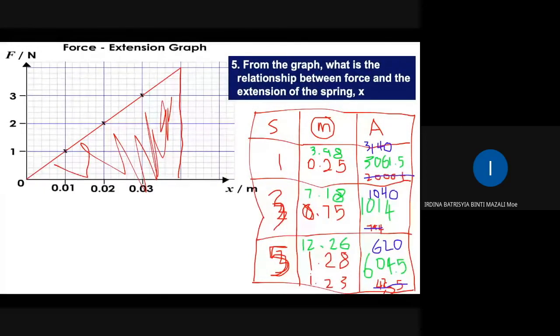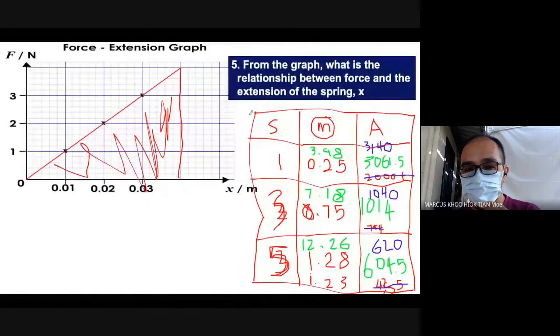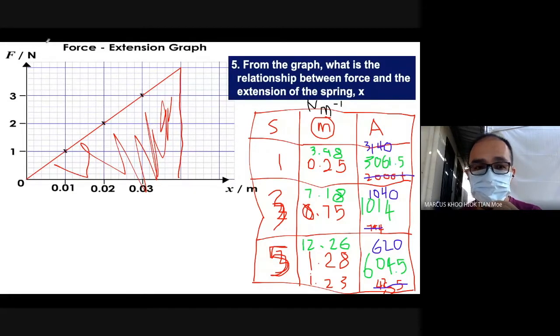Newton per meter. Okay, Newton per meter, not Newton per centimeter. It's Newton per meter because gradient is y-axis divided by x-axis. What about the area under the graph? What is the unit for the area under the graph?